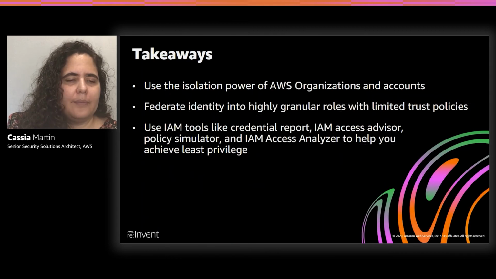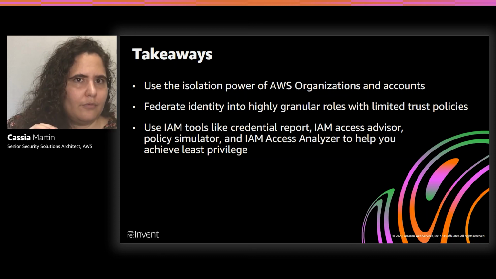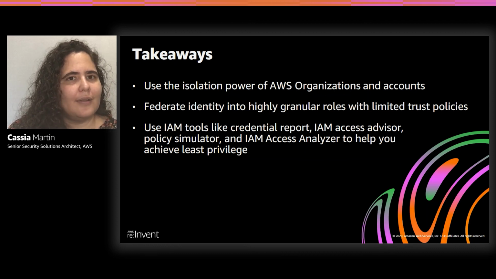Here are the takeaways. You should have multiple accounts. You should use Organizations to manage them. You should use SCPs within Organizations to help you with guardrails. For identity, identity should be federated. You should never use root. You should have highly granular roles and be very strict and limited about the trust policies so that you know who's getting access to those roles.